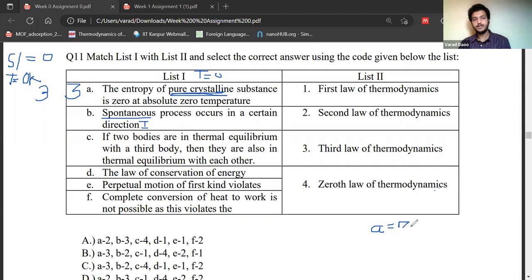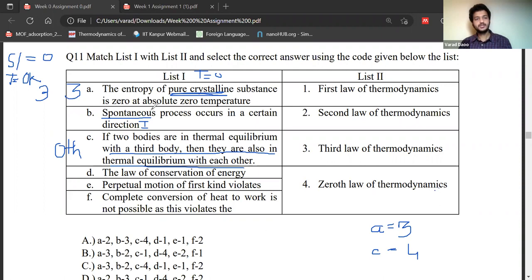Then we have, if two bodies are in thermal equilibrium with a third body, then they are also in thermal equilibrium with each other. Obviously, this is the 0th law, right? That means C is equal to 4, right?